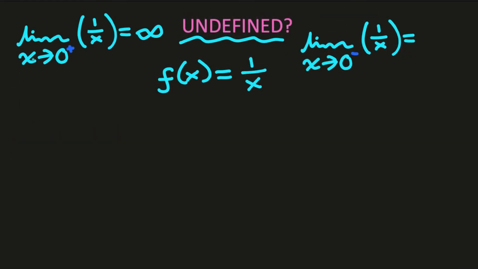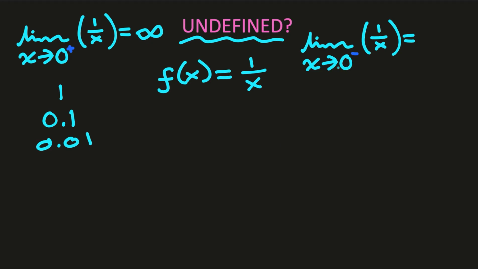What we just saw is the limit as x approaches 0 from the positive side. That is, we start with numbers that are positive and keep getting lower, and the limit of 1 over x, which is our function, equals infinity. So in other words, this output will get infinitely larger.